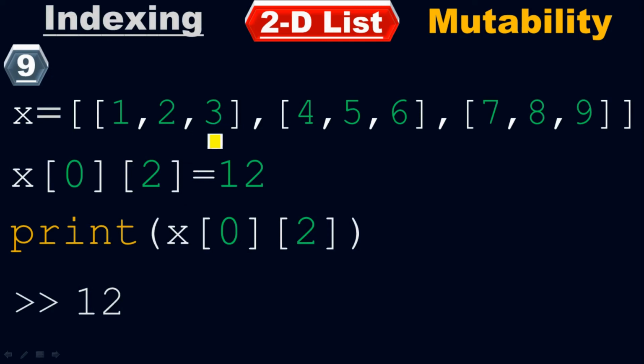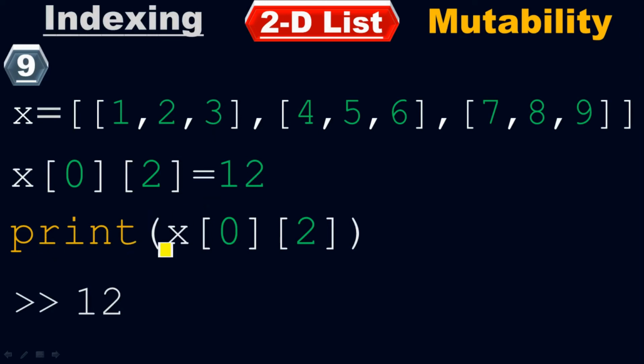But now, if I make this equal to any value, it can be any number, the value at index 2 will be replaced by this new value. So we are going to replace 3 by 12 now. If you put 12 here, it will be replaced by 12. If you put 10 here, it will be replaced by 10.